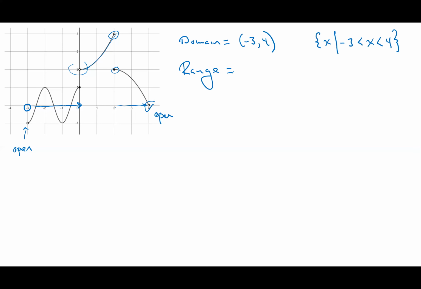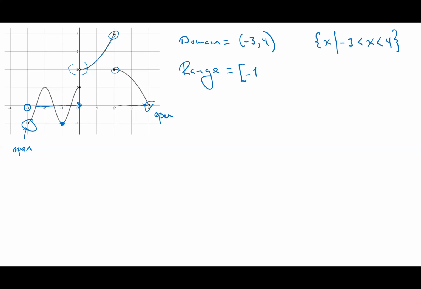So let's find the lowest value. The lowest value here, again, is that point. It's at -1. But now you might say, oh, -1, it's open there, so it doesn't actually achieve the value -1. Oh, but be careful, it does over here. And so we have the value -1, including -1.